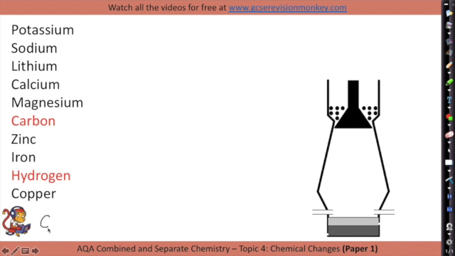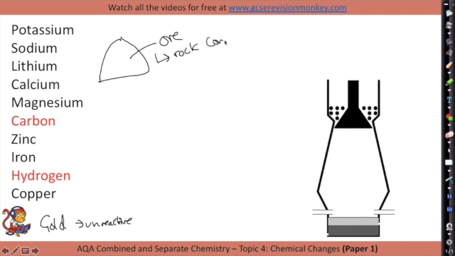Now, apart from metals such as gold, which are completely unreactive and can be found naturally, you can sieve for gold in the river and it won't have reacted with anything else, it's just found in its natural state. All the other ones tend to react with things like oxygen and form a rock, which we call an ore. So this is a rock which contains metals.